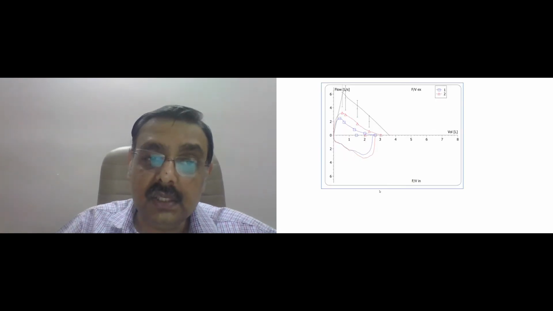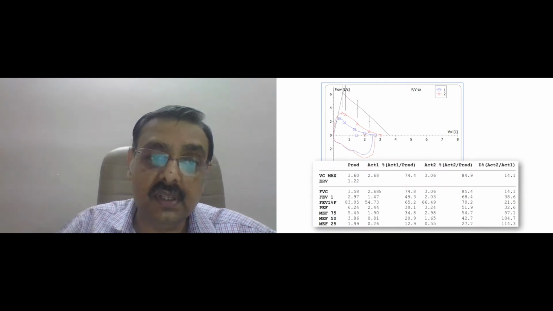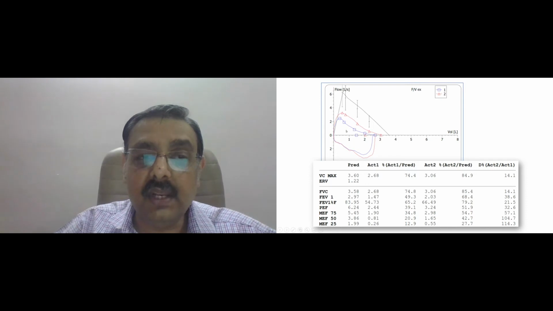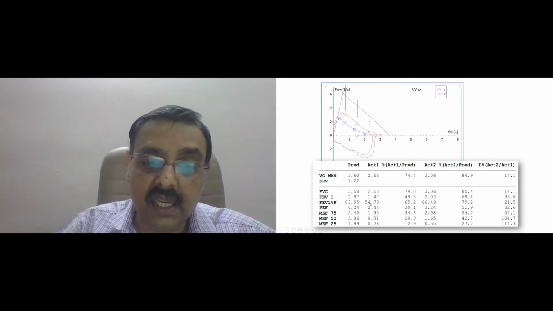So this child undergoes lung function testing, and as you can see, there is the pre-bronchodilator curve, which is your blue one, scooped, smaller in size. The red one is larger in size, and the scooping has somewhat disappeared. If you look at the FEV1/FVC ratio in the pre-bronchodilator curve, it is something like 54%, which is significantly low.